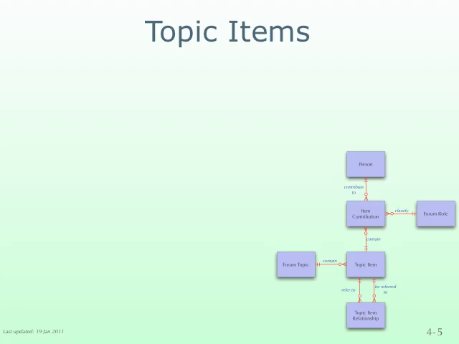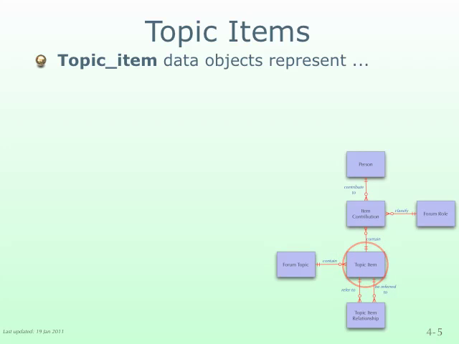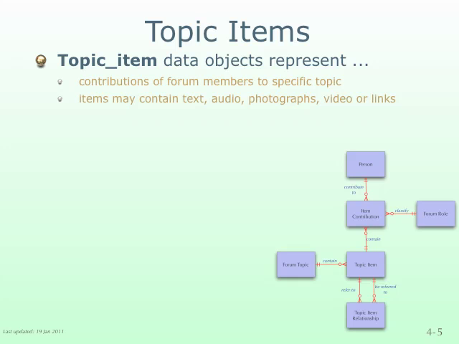To support this need, we need to define topic item data objects, which represent the contributions of individual forum members to a specific forum topic. These items may contain text, audio clips, photographs, video clips, or links to websites and web pages.